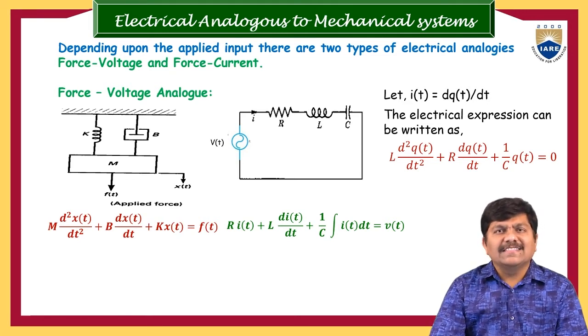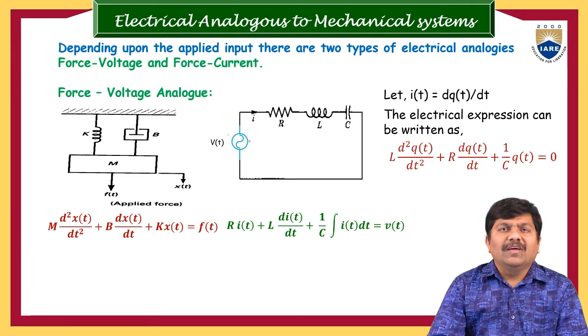So let me take a basic mechanical system. The basic mechanical system consists of one mass element, one dash pot, and one more element, which is nothing but a spring. So there are three basic elements, and here we can see a mass unit.